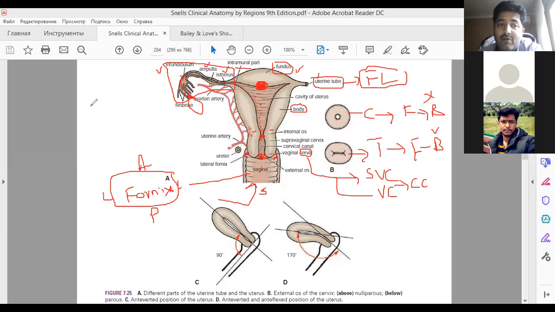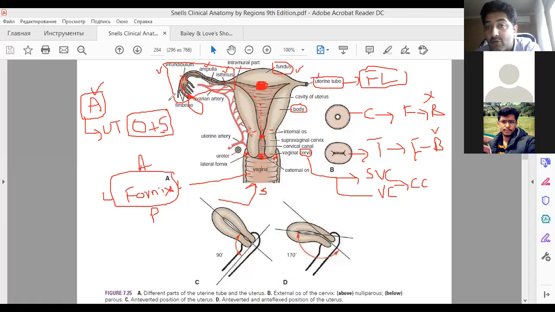In the ampulla of the uterine tubes, and please remember this very important point, the ova will meet with the sperm. Fertilization of the ova and the sperm occurs in the ampulla of the uterine tube.